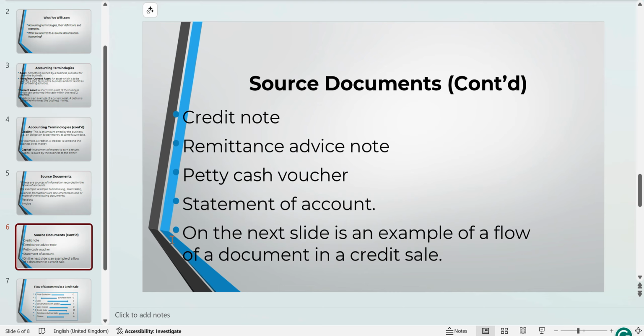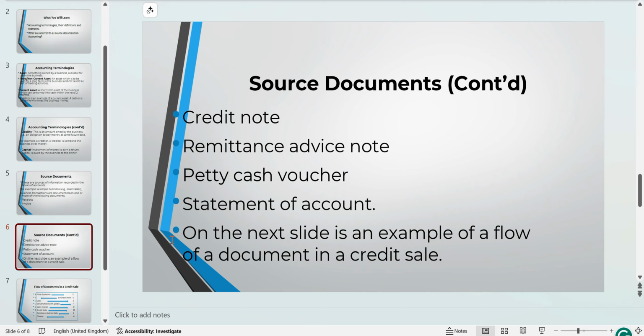Remittance advice is often issued by the customer to the supplier to inform them of what they are paying, especially when a customer buys many items from a business. They will use the remittance advice to tell the supplier the amount they are paying for these goods for this date. It is just a way of advising the supplier on the amount being paid.